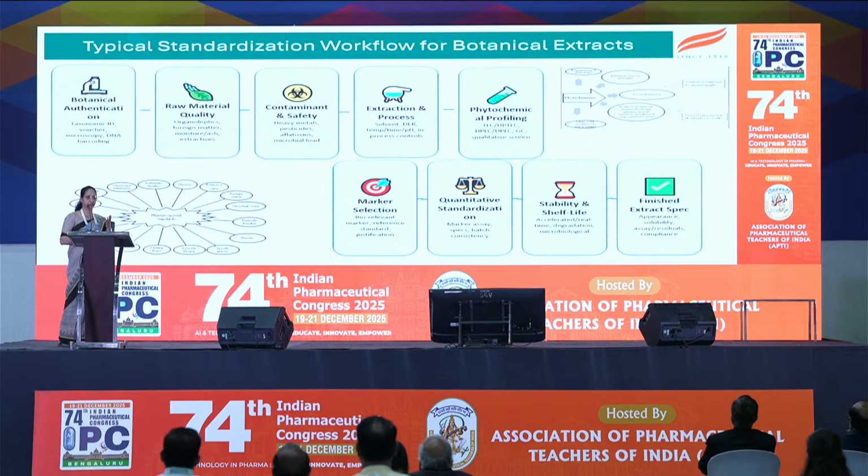Similarly, one more important thing about herbals is the contaminants: heavy metals, pesticides, and other toxins which may be present. These are also monitored very well at every stage, established during the development itself, to ensure they are well within the limits prescribed by regulatory authorities.